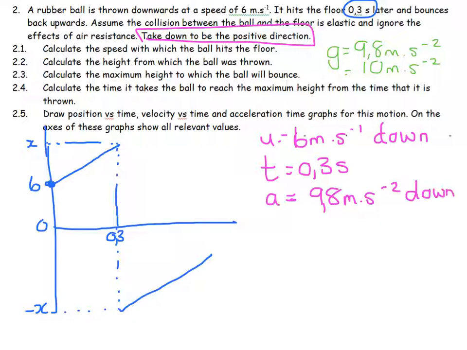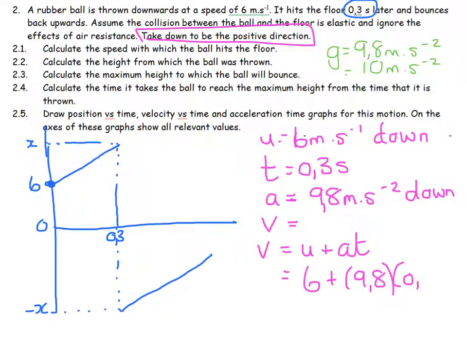And the question they're asking me is the final velocity. So I can take an equation of motion: V is equal to U plus AT. 6 plus 9,8 times 0,3, and I land up with 8,94. It's a positive answer, so it is meters per second, and it is also down.